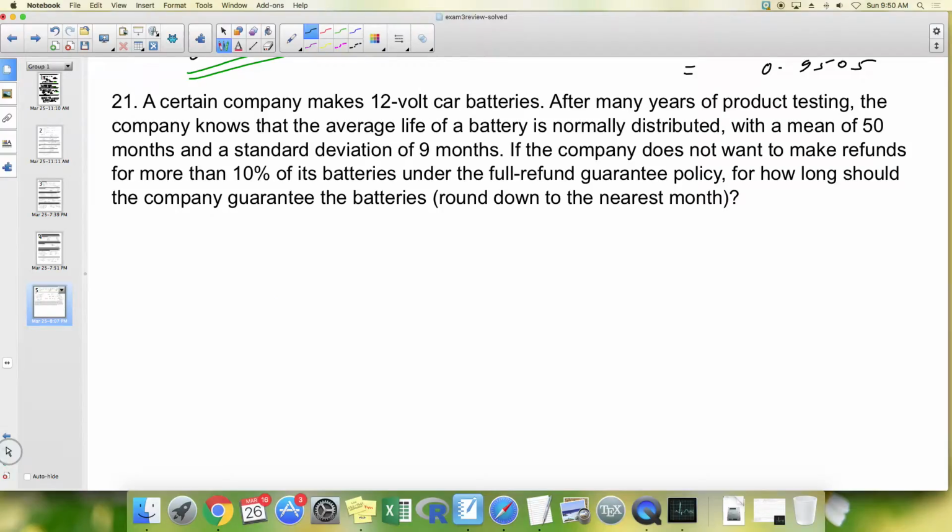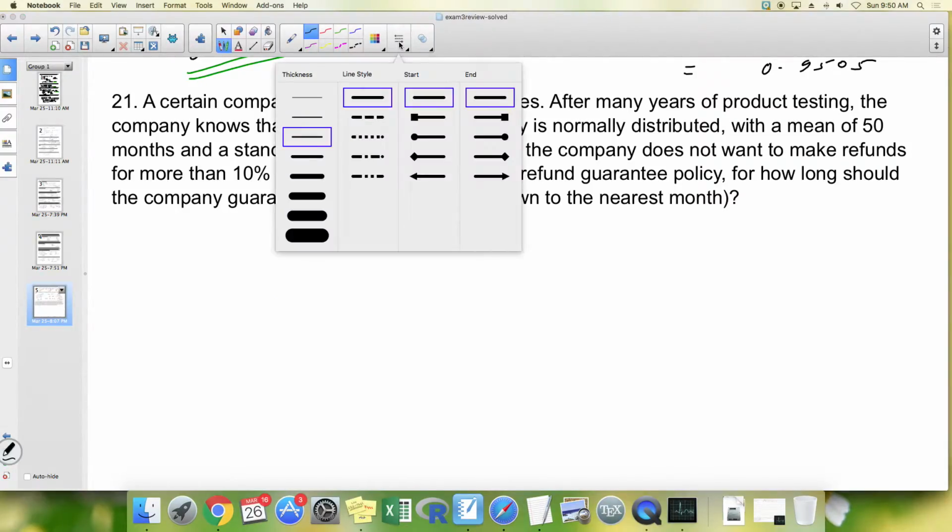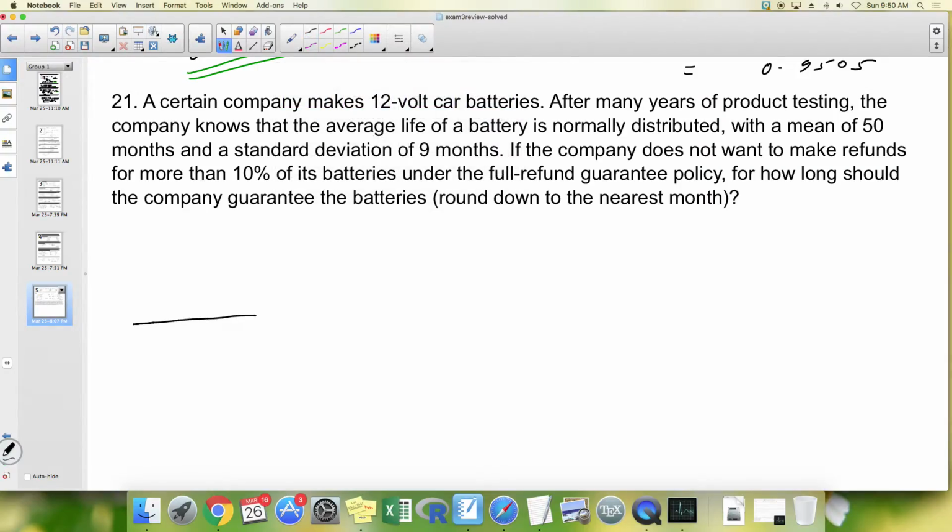That means if we draw the diagram for battery life, then it's normal with mean mu 50 and standard deviation sigma 9.